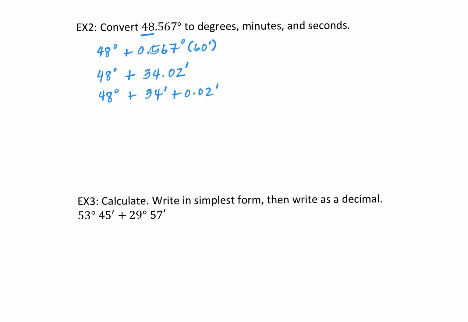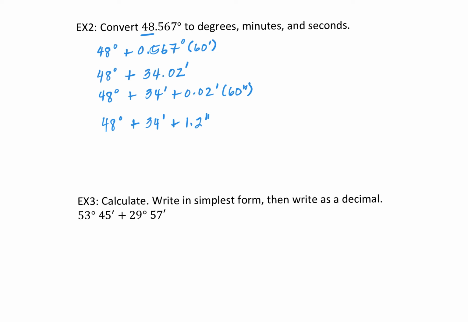And then I'm going to change the minutes to seconds by multiplying by 60. And here those are seconds. So finally we get 48 degrees plus 34 minutes plus, when we do the math there, 1.2 seconds.